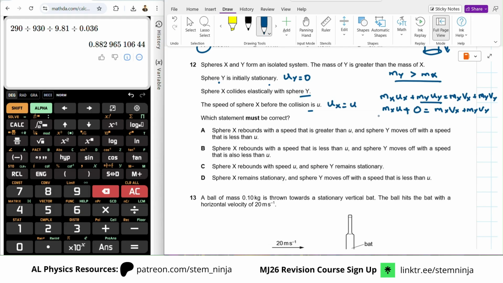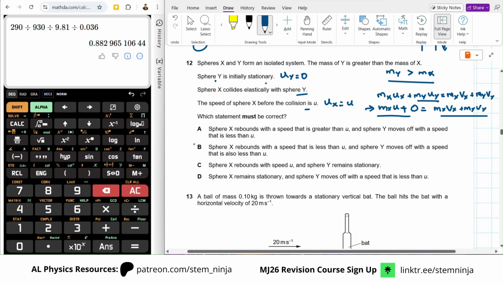Now, according to this, the momentum that was before is distributed in the momentum after. So both of their speeds will be less than u by default. So option B.